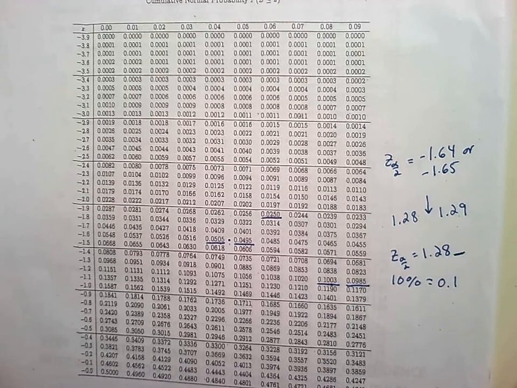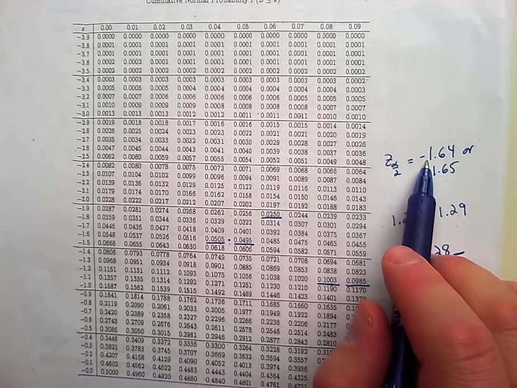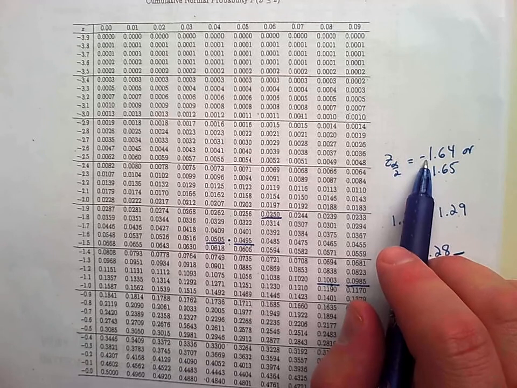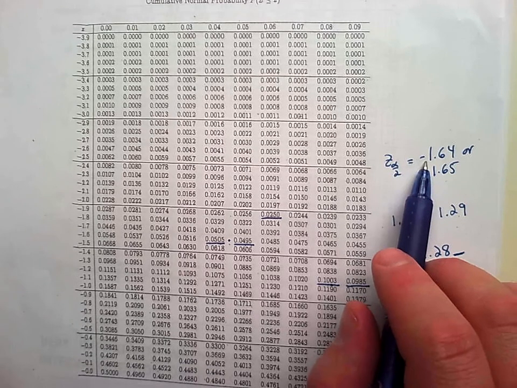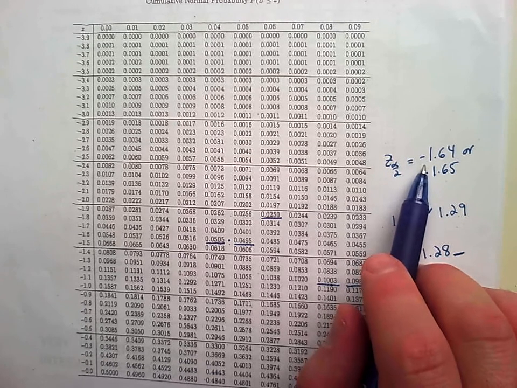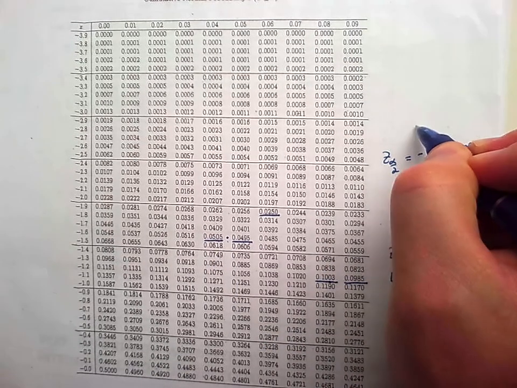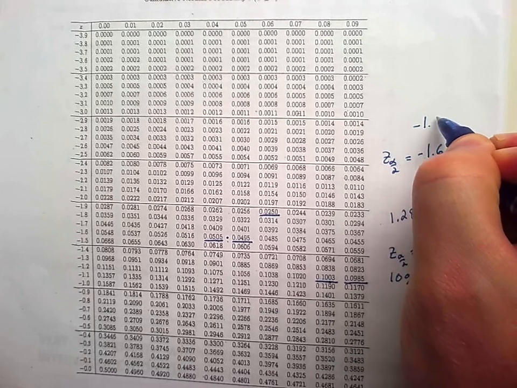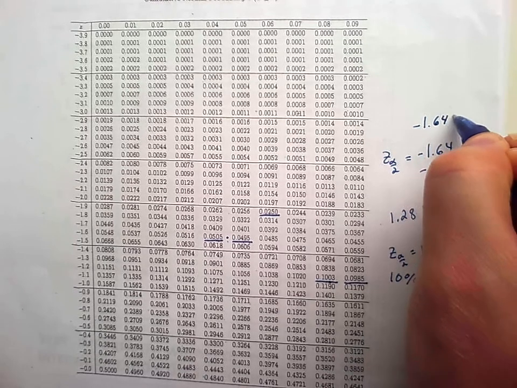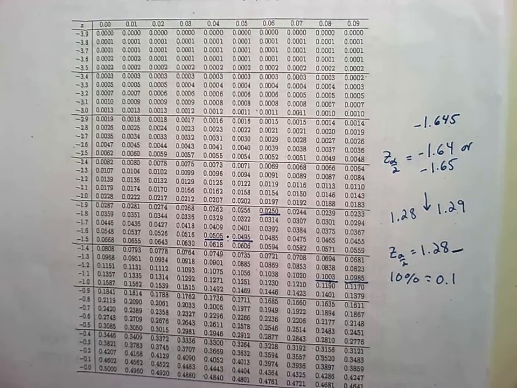And the answer choices that you're going to have in this class are never going to be so close that you're going to get it right if you use one of those numbers, and you're going to get it wrong if you use the other one, right? They're never going to be that close. But keep in mind here that since the z value that we're looking for is really right between these two z values, the most accurate that we could get is negative 1.645.